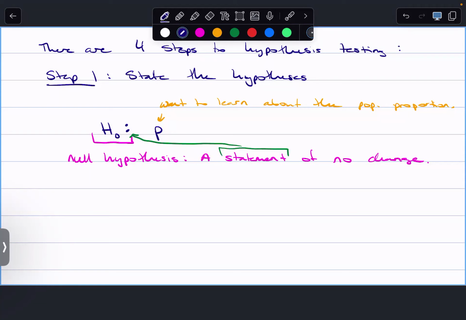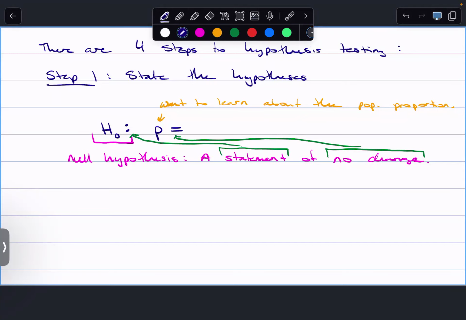Now, a statement of no change means that you're going to have an equal sign here, right? If there's no change, then it's equal to some value. We only have one sample, and so it's going to be equal to some number.